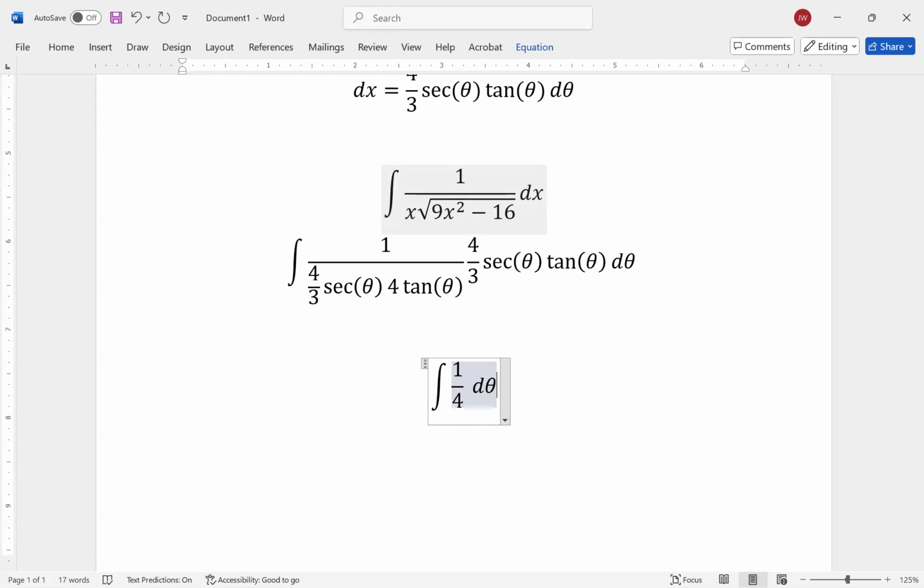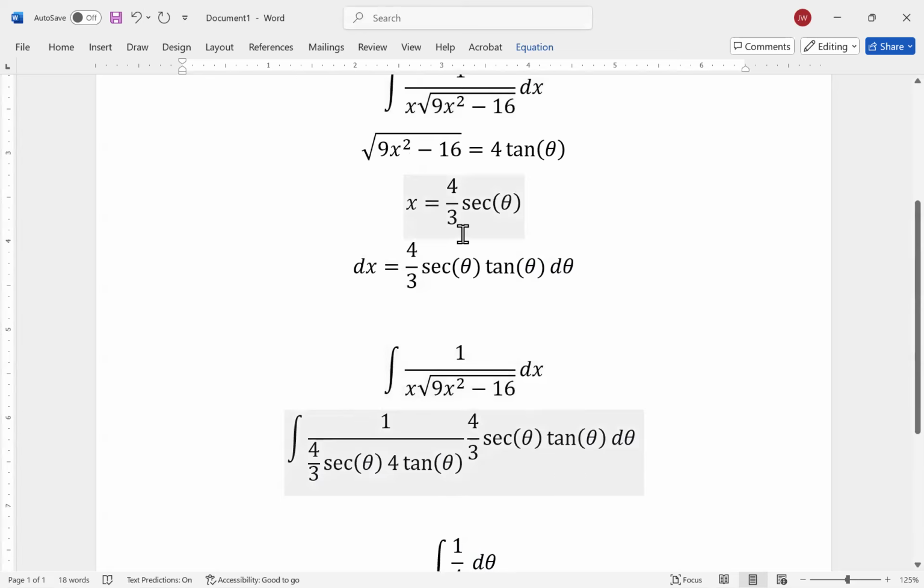So integrating 1/4 with respect to theta, I end up with 1/4 times theta plus c. I think we can easily solve from here. Be careful when you do that.